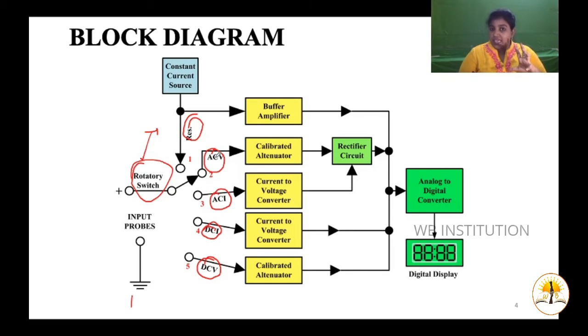You can see that for resistance you will have a different kind of connection, and for AC voltage, AC current, DC current and DC voltage you will have separate types of connection.